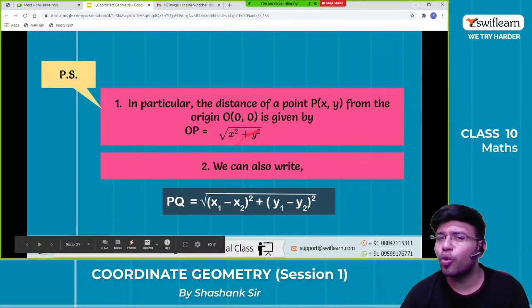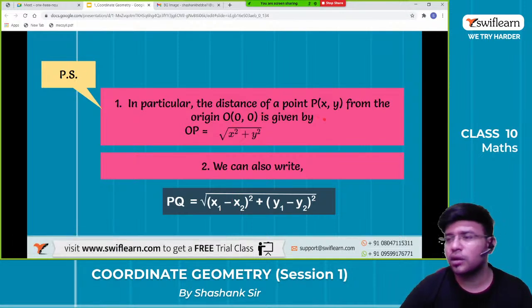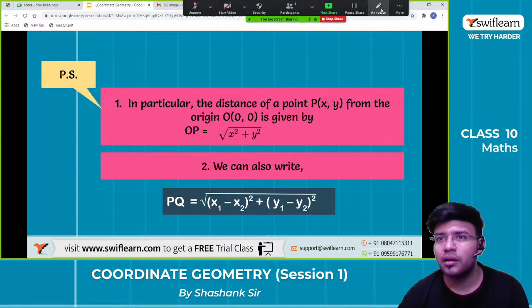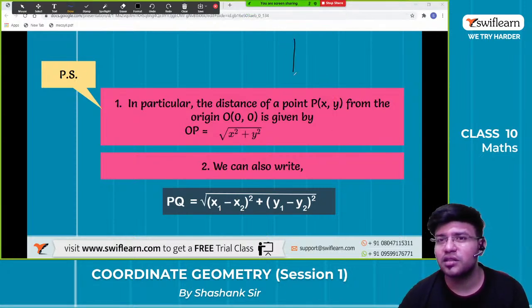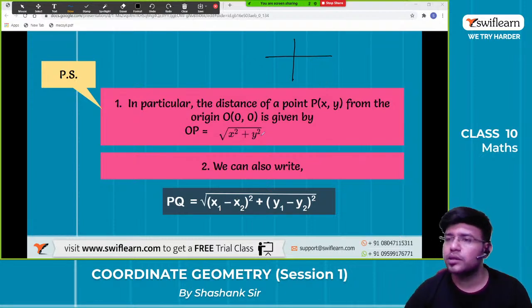Now special note, special cases. If one of the points is on the origin, and the other point is somewhere in the Cartesian plane, the distance formula is given by OP is equal to the square root of x square plus y square. See, one point is on the origin which is O and the other point is here.